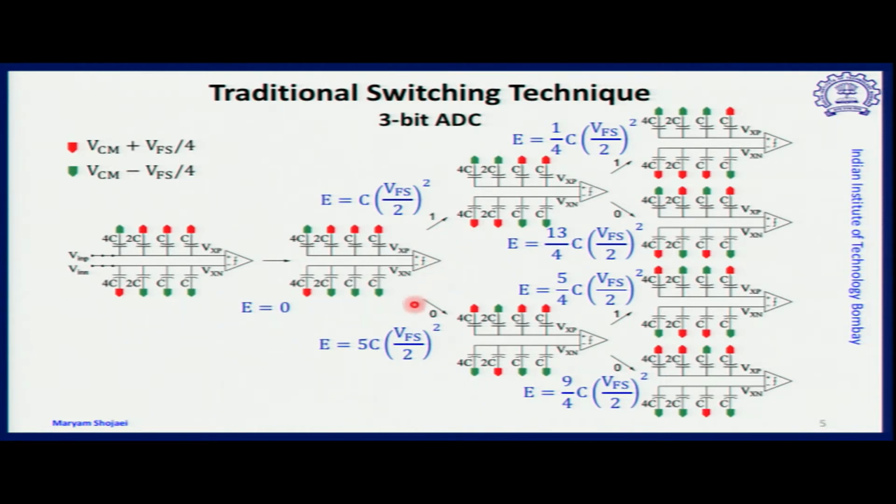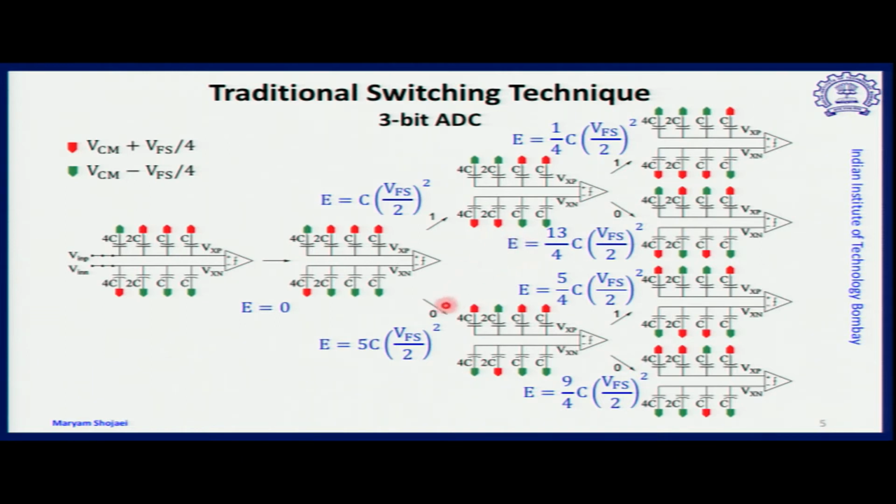However, if the output of the comparator is 0, we have to perform effectively 4 switchings because the first part, which is related to the MSB capacitors, has to be toggled. So, as you notice, green has become red. That means the connection to VCM minus V full scale by 4 now has been replaced by a connection to VCM plus V full scale by 4. Similarly for the negative half circuit.